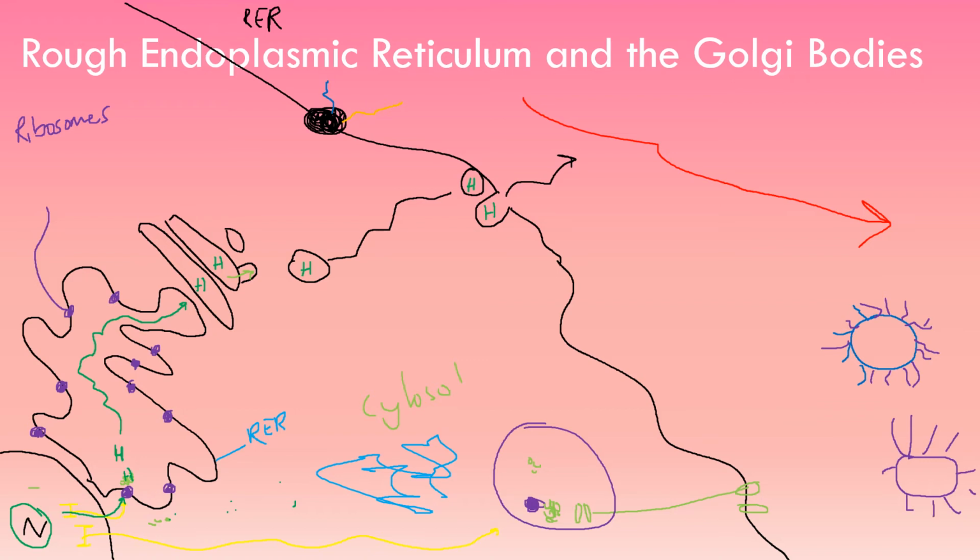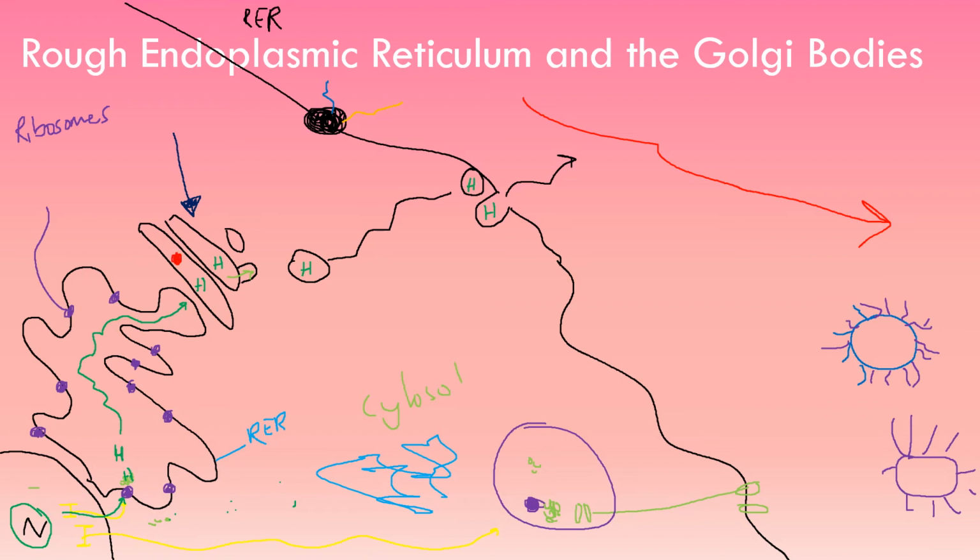Well, why am I telling you this? It's because the Golgi bodies are responsible for adding these things on. The protein comes through the rough endoplasmic reticulum, gets to the Golgi bodies, and the Golgi bodies modify the protein. So let's say this red dot here in the Golgi bodies is a protein.